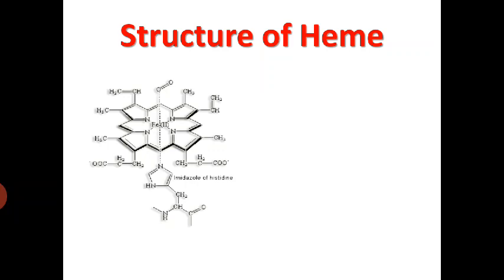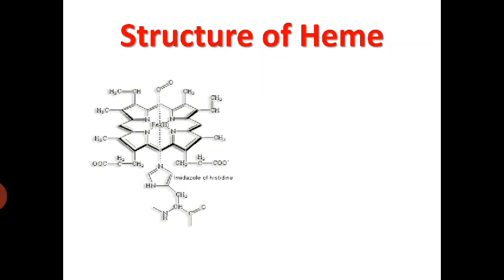So here let us discuss the coordination of iron with several nitrogens and some other groups. There are 4 nitrogens. Iron has 6 coordination sites, among which 4 are occupied by the 4 nitrogens of the pyrrole groups.